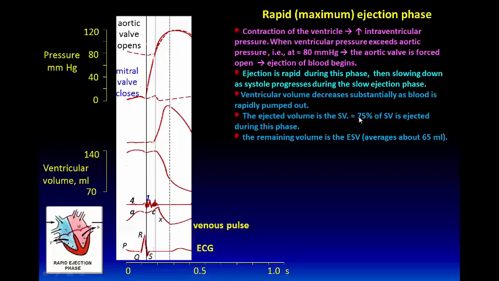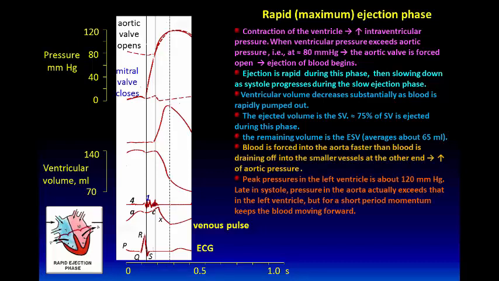About 75% of the ejected 70 milliliters is ejected during this rapid ejection phase. The remaining volume is the end systolic volume when the slow ejection phase ends.